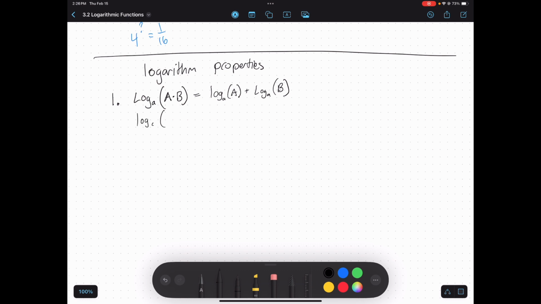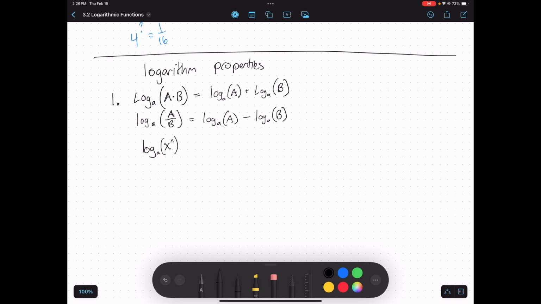Similarly, if you have A divided by B, since division is the inverse of multiplication, you end up with log base a of A subtract log base a of B. Okay. Well, what happens if you have an exponent inside your logarithm?